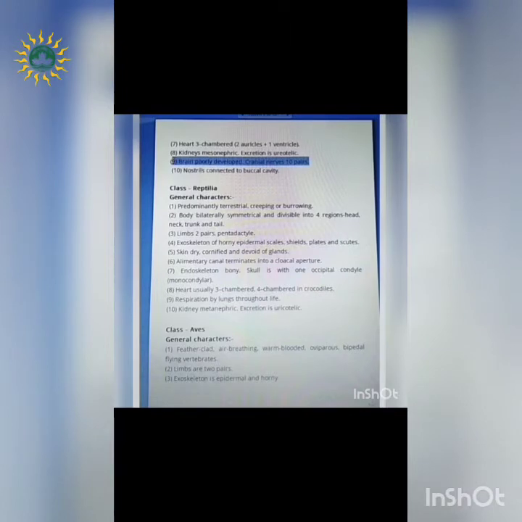Like in the previous case, you have seen the 10 pairs of cranial nerves, right? So similarly, in case of amphibians also 10 pairs of cranial nerves are present. The nostrils are connected to the buccal cavity. For example, I have already said frog, toad and so on.